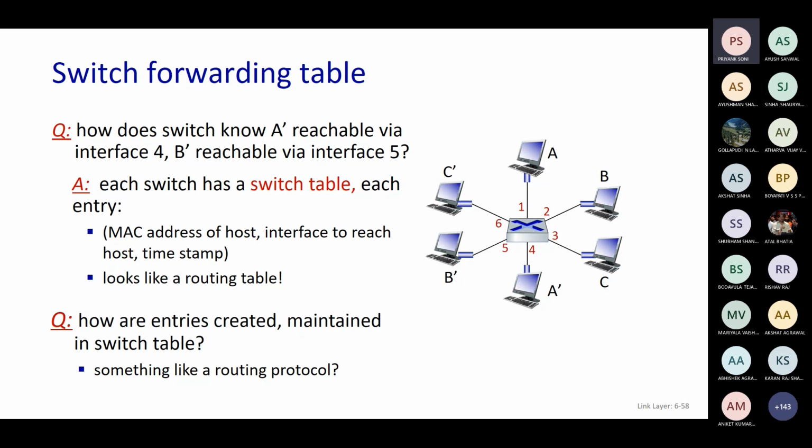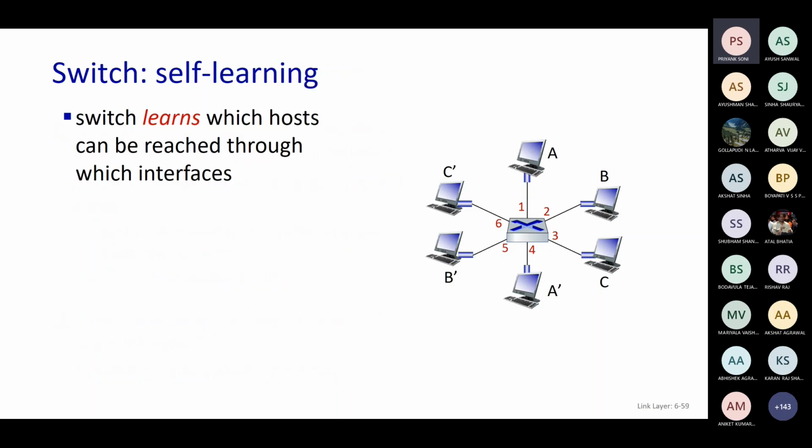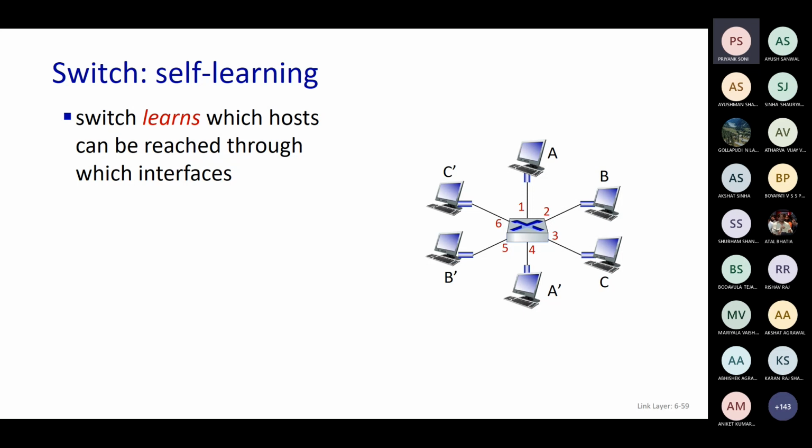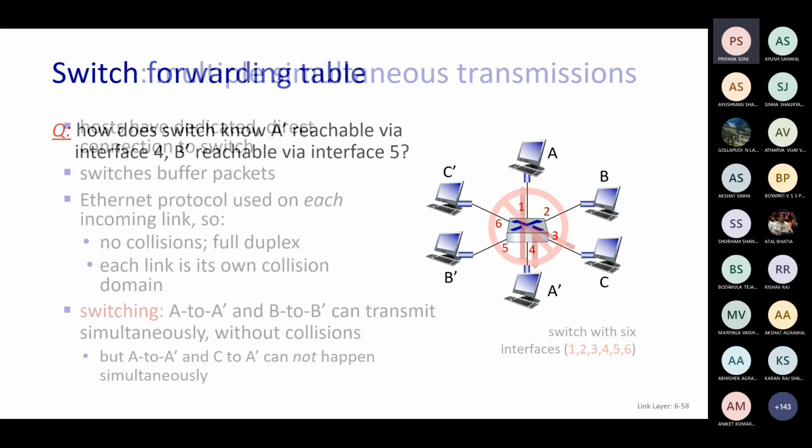Along with the timestamp. And how do we create and maintain this switch table? When you saw the properties of a switch, there was something written there that is self-learning.